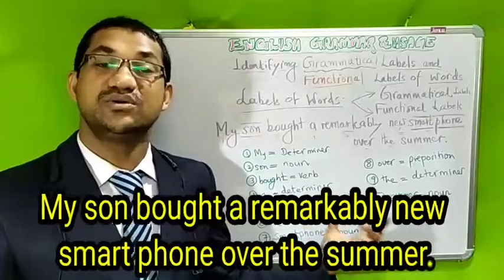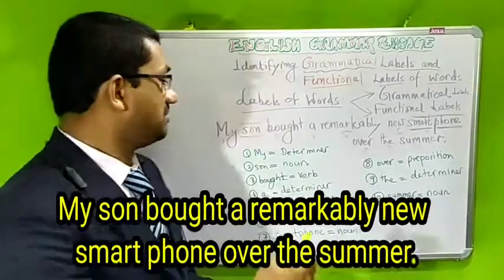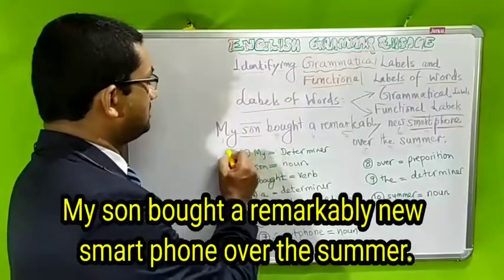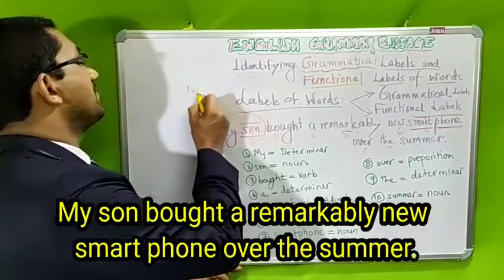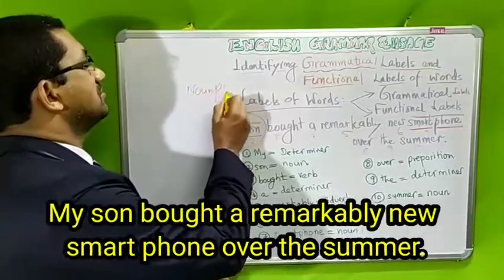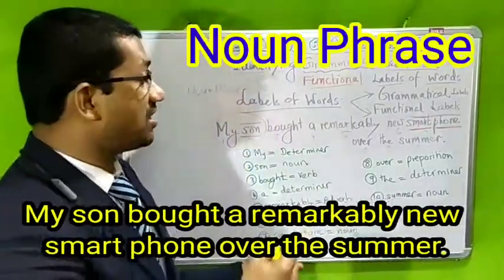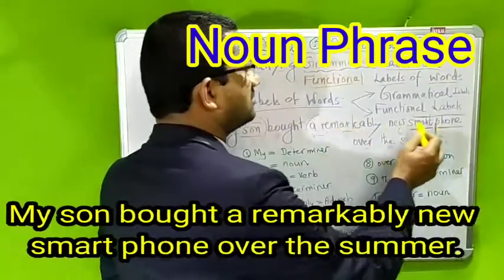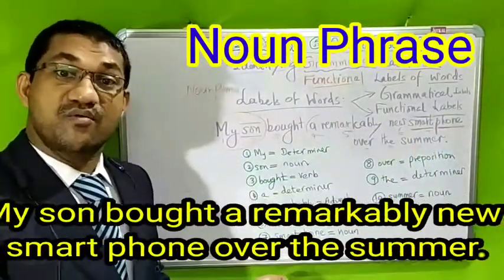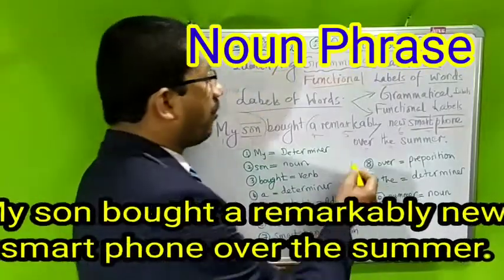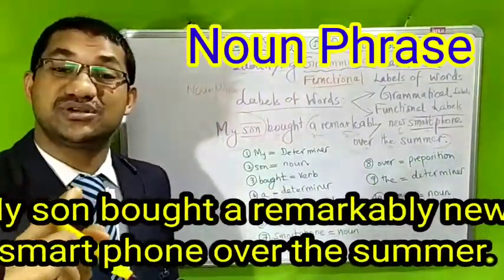We can also describe them in a different way. We can say that "my son" is a noun phrase. Similarly, "a remarkably new smartphone" is another noun phrase. And "over the summer" is a preposition phrase.